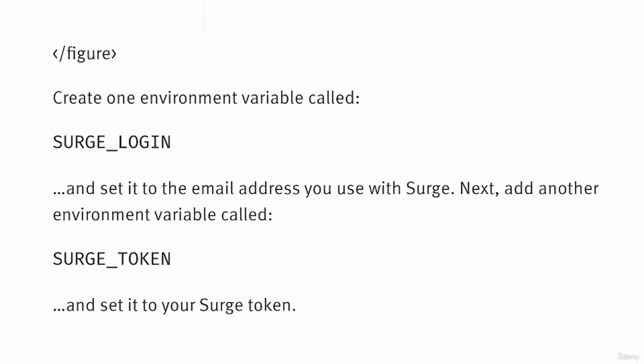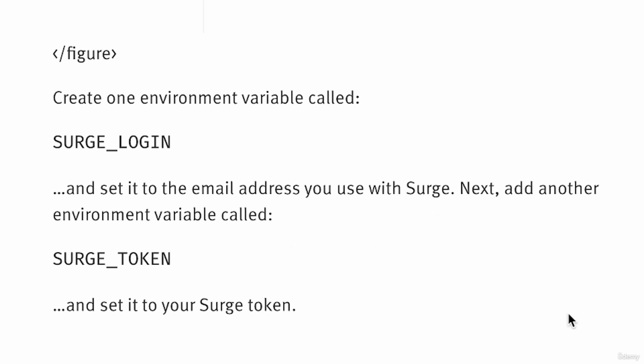As with many CLI tools, the only way to know how exactly to name the environment variables is to look at the documentation. In the case of Surge, this is a bit hidden and it's actually mixed up with other documentation. But you can see here that this is documented in the sense that it says you can create one environment variable called SURGE_LOGIN and set it to the email address you want to use for Surge, and again the SURGE_TOKEN.